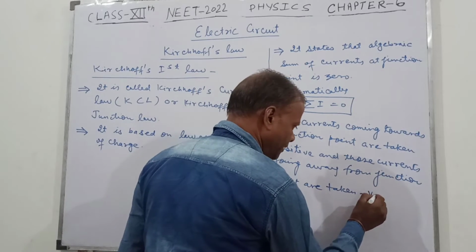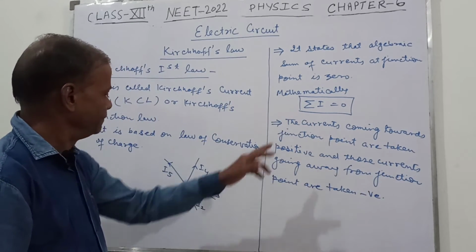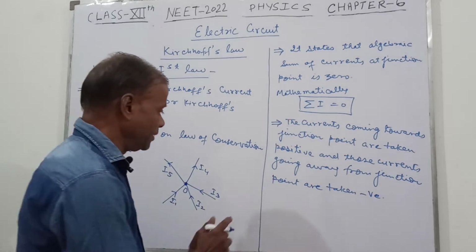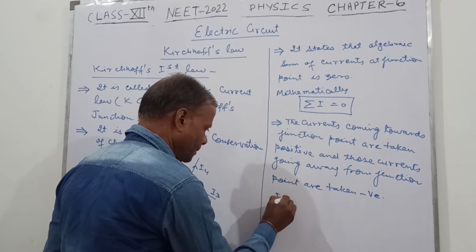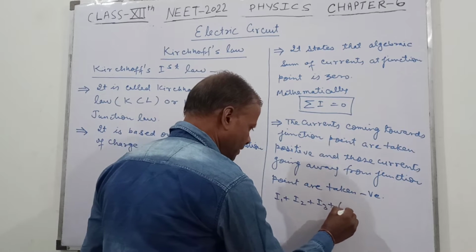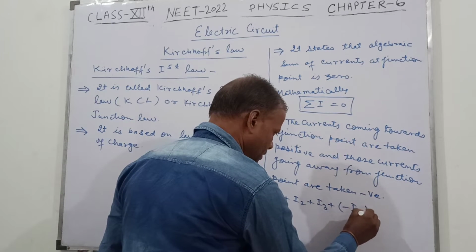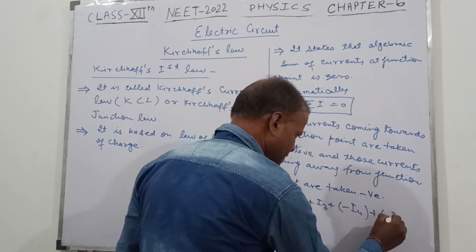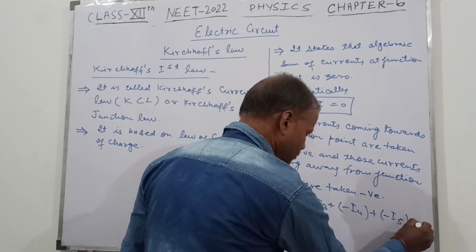So what we have, according to this law, here we are having I1 plus I2 plus I3 plus minus I4 plus minus I5. This is equal to 0.